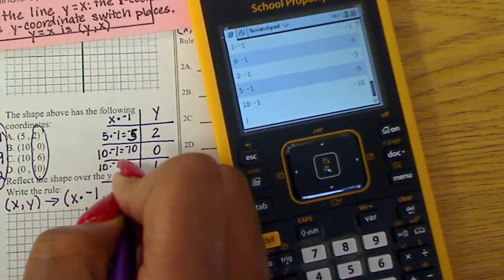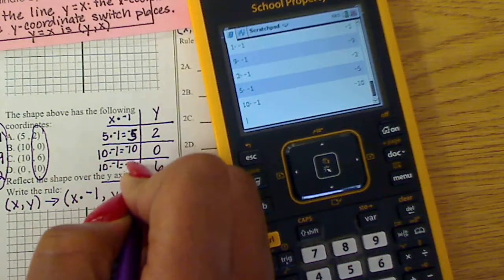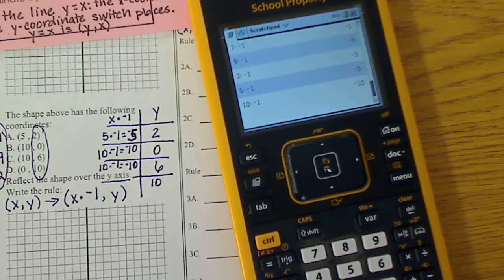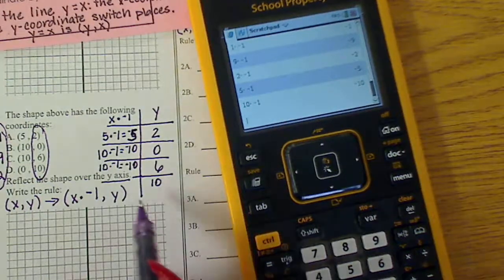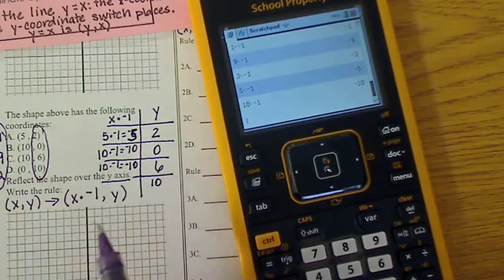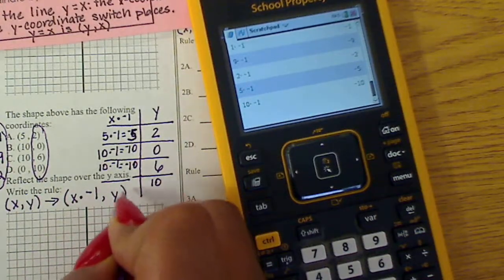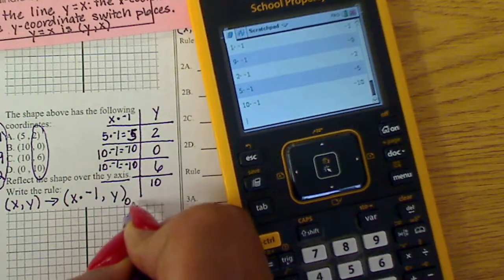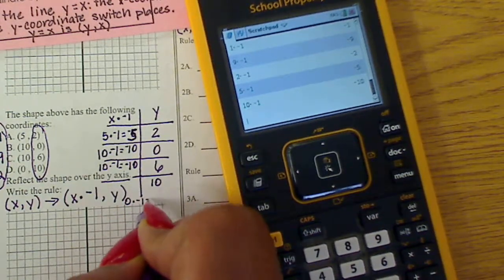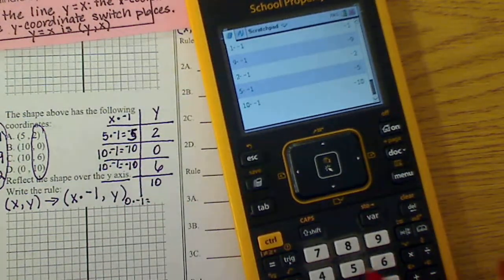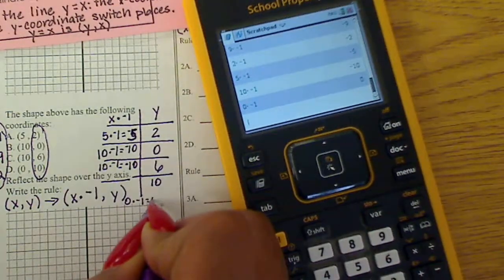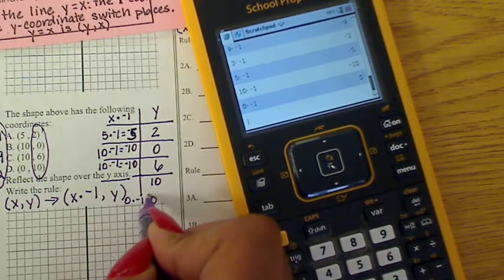I think I'm comfortable just writing -10 without putting that in the calculator. We'll sneak one time. And then my final x value is 0 times -1, which is what? Is 0. And that would go right there.